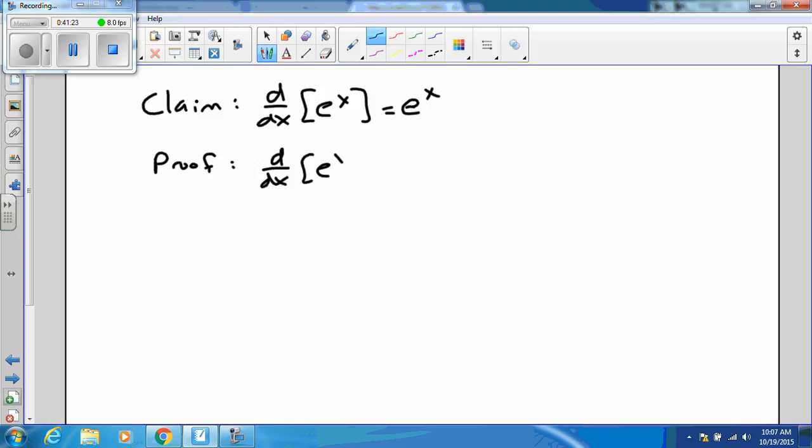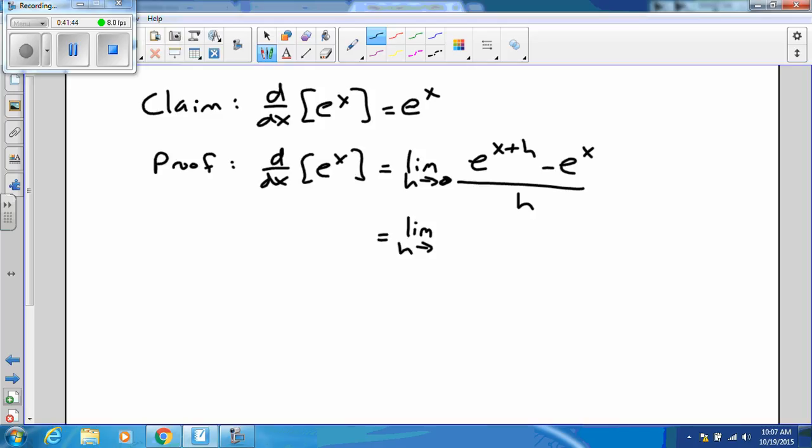Observe the right form, Caleb. We set it up using our limit definition, as we must. And now, we appeal to our exponential property.